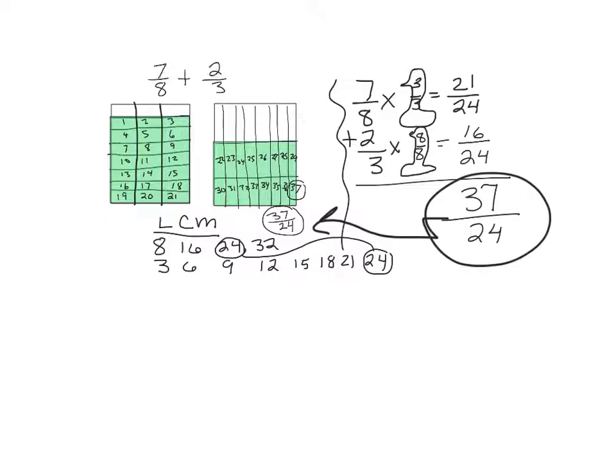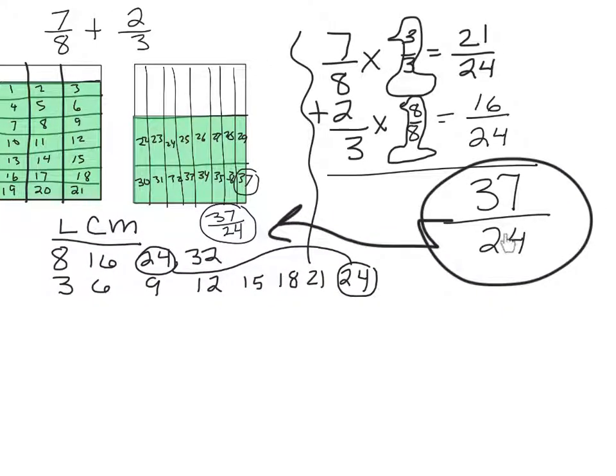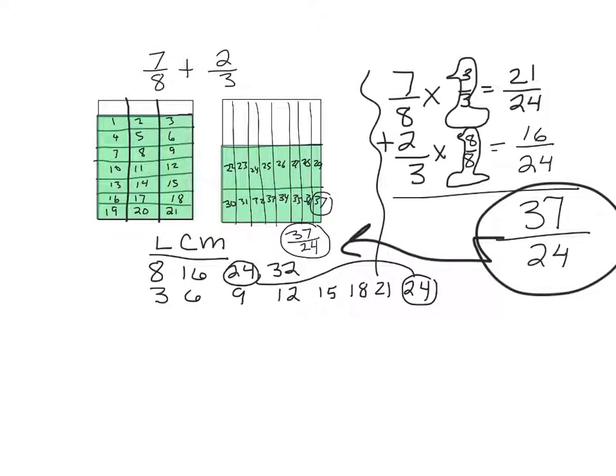Hey, let's go ahead and look at, because I talked about this earlier, this is top heavy or an improper fraction, which means I can turn it into a mixed number, right? And let's watch what happens when I do that. So I've got 3 spots, 1, 2, 3 spots right here that I could take away from here, right? So I'm going to grab these 3, 1, 2, 3. Watch how I do this. It's kind of cool.